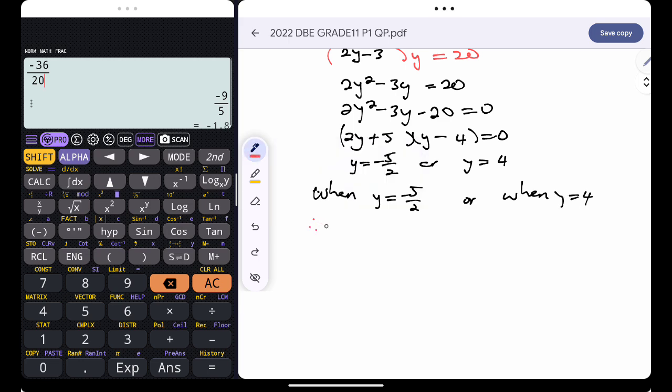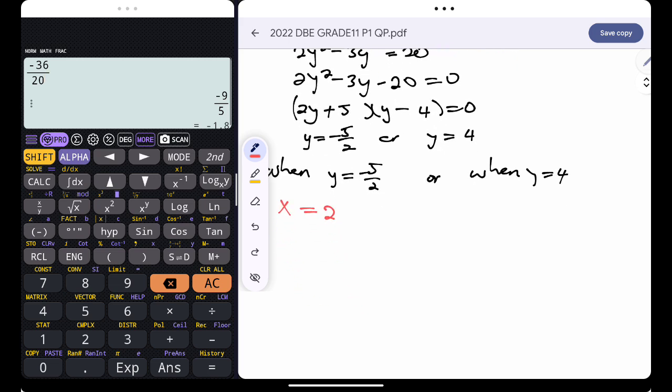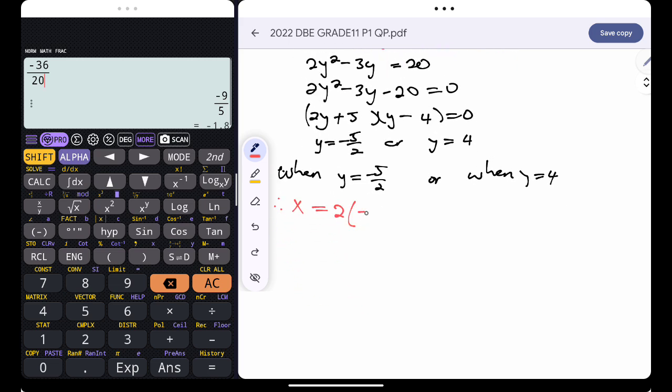So when y is negative 5 over 2, x is 2y minus 3. Remember that we formed equation 3, that x is equal to 2y minus 3. The value of y is negative 5 over 2, so 2y minus 3 will give us negative 8. Same thing applies here. If y is 4, then x will be 5.